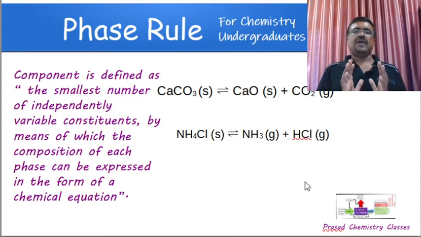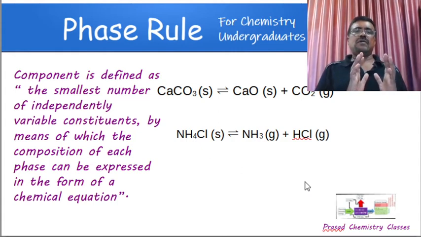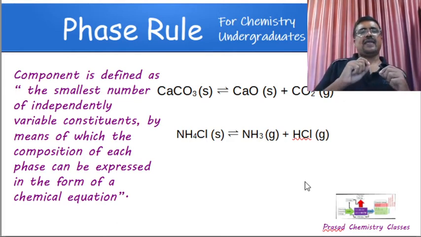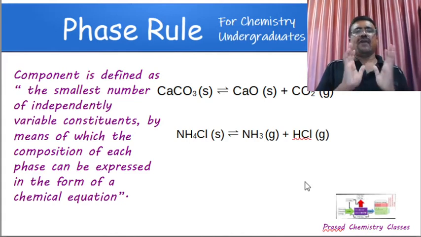That we know. Now, we can have three phases there. One is the calcium carbonate solid phase, the calcium oxide solid phase, and the carbon dioxide gaseous phase. And the chemical composition of any one of the phases, solid or gaseous, can be expressed by means of what we call two chemical components.